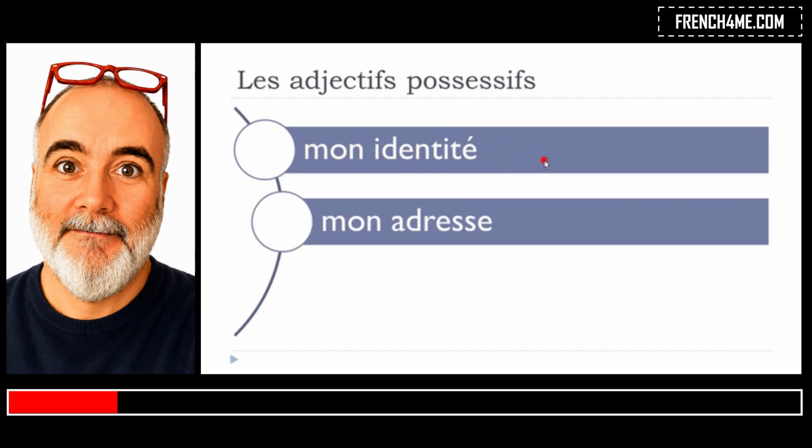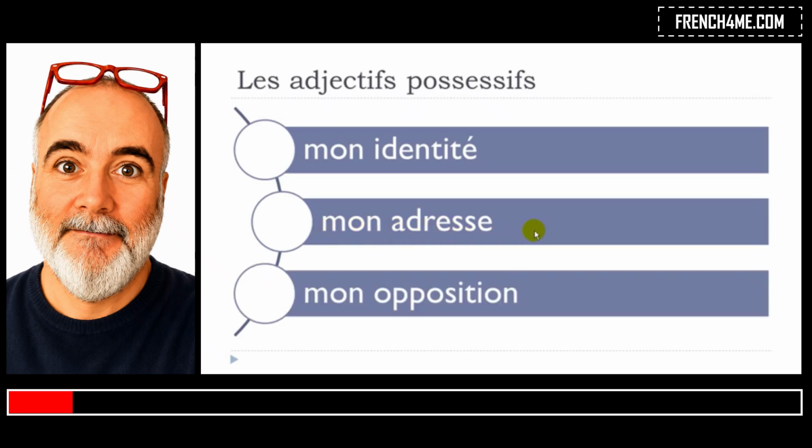Okay, another example, adresse. Same thing here, adresse is a feminine word, but it starts with a, so you will have to use adjectif possessif masculin. Mon adresse, my address. You can hear now this little link, so you've got to pronounce this N, mon adresse.